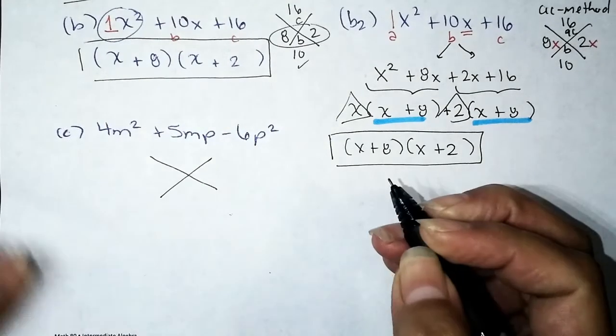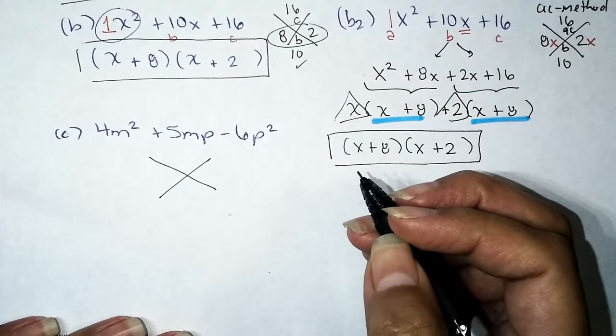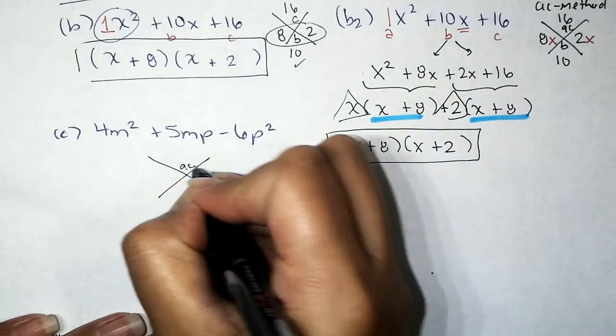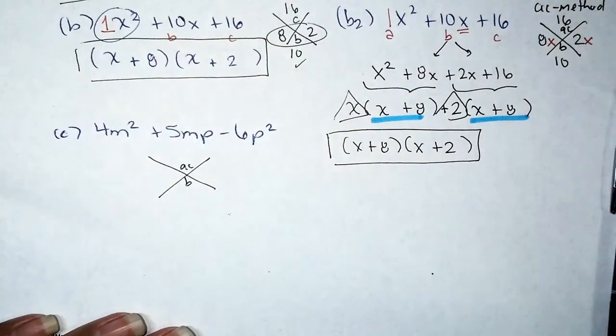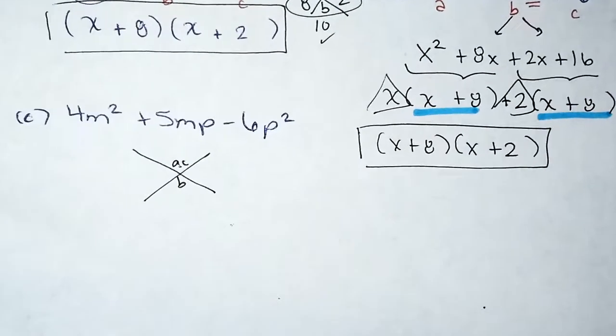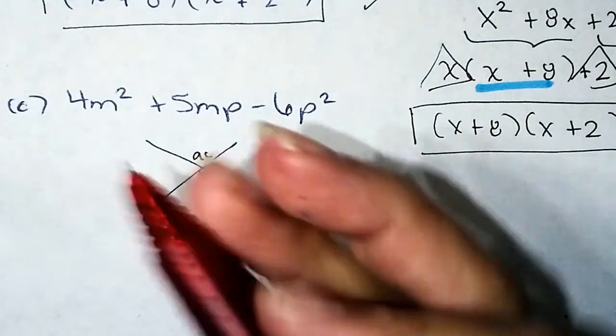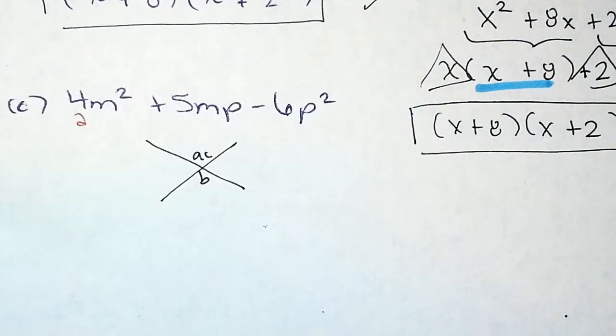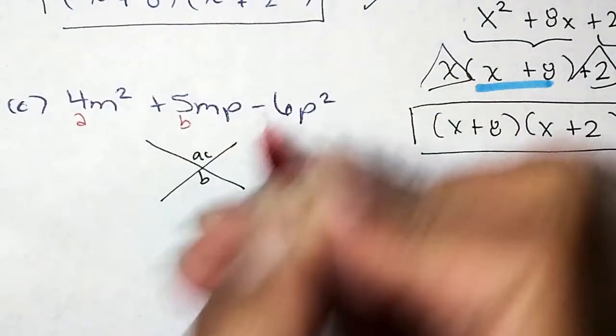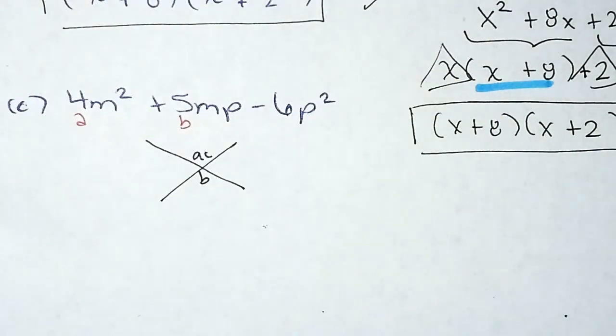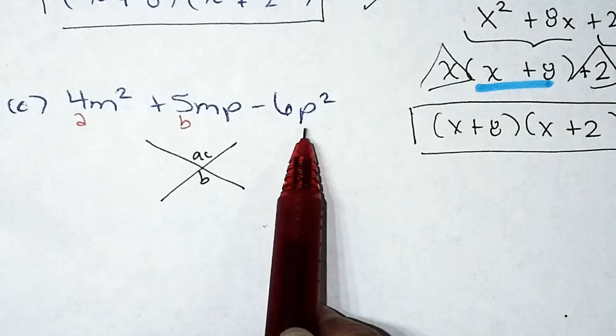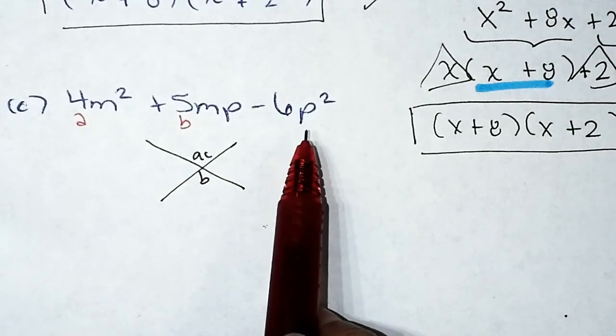So the corresponding x game, remember we're using the AC method, so we want factors of AC that add up to B. Let me identify values of A, B, and C for my peace of mind. Leading coefficient is 4, so that's our A. Coefficient of the middle term is 5, so that's our B. Normally I would say constant term, but because we have a second variable, C is no longer the constant term.